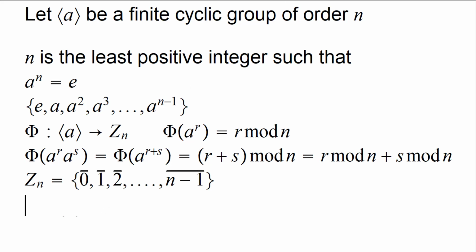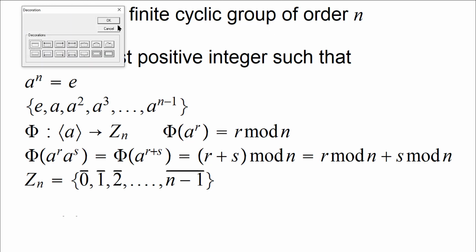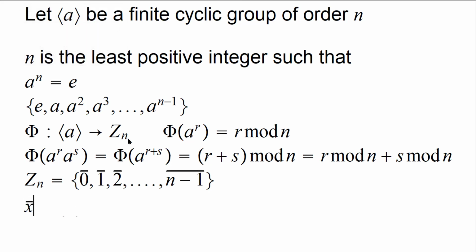So for any, let's say, x bar in Zn, by doing the modular arithmetic, we can do this with 0 less than or equal to x less than n, and our division algorithm would guarantee that we can bring it in this range.